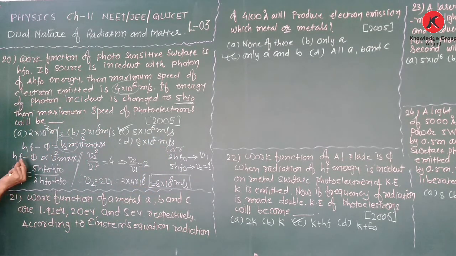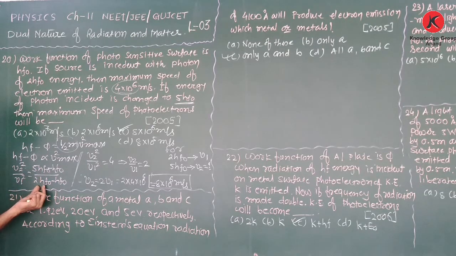So from this equation, 5hf0 minus hf0, because the work function is hf0, is proportional to v2 square, and 2hf0 minus hf0 is proportional to v1 square. Taking the ratio of these two equations, v2 square upon v1 square is equal to (5hf0 minus hf0) upon (2hf0 minus hf0).